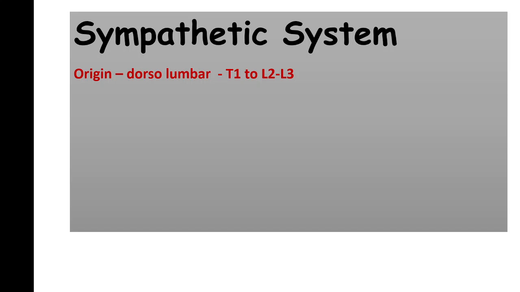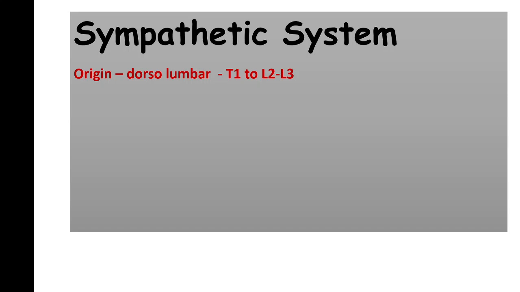So thoracic nerves T1 to lumbar L2 or L3 nerves. So sympathetic nervous system has dorsolumbar origin from T1 to L2 or L3. Sympathetic system has dorsolumbar or thoracolumbar origin T1 to L2 or L3.